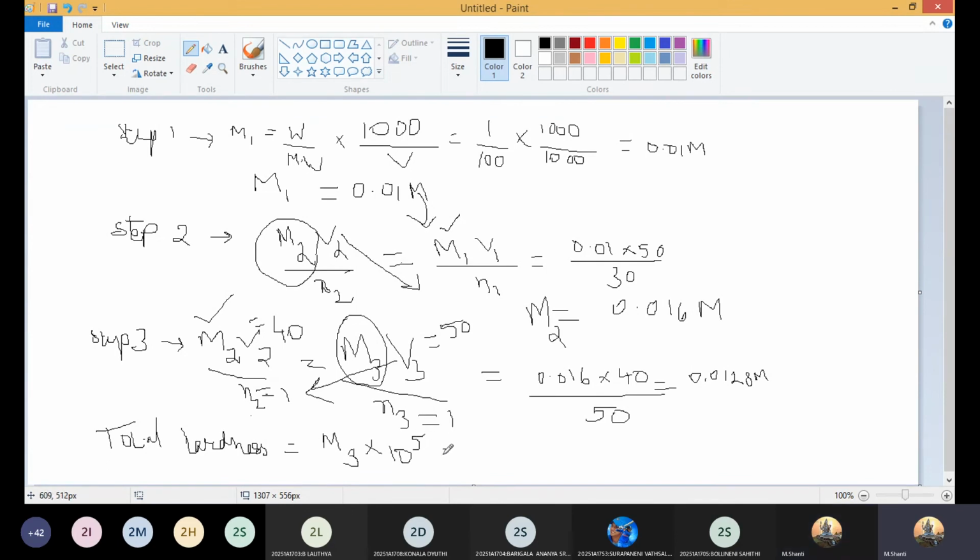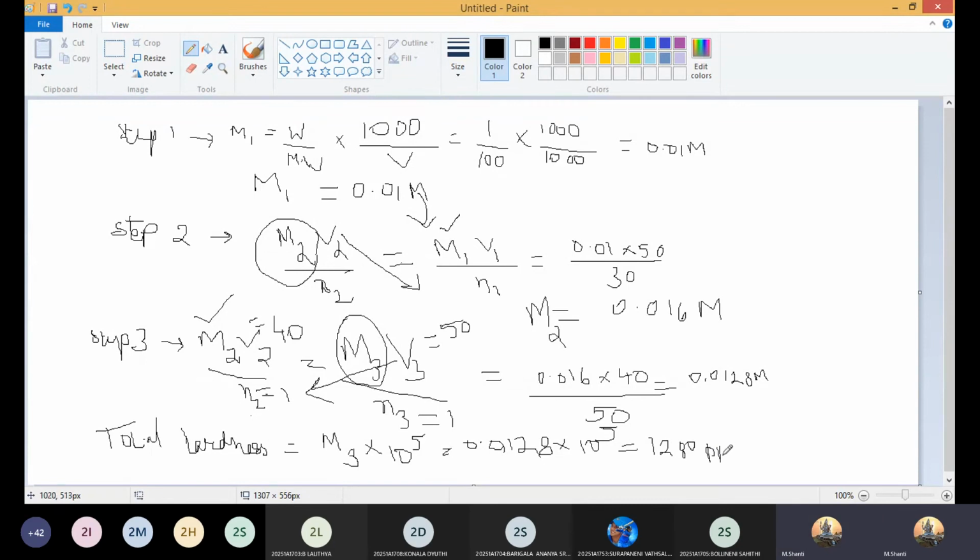So this will come out to be 0.0128 into 10 power 5. How much are you getting for total hardness? 1280. Very good. 1280 ppm. So this is the total hardness.